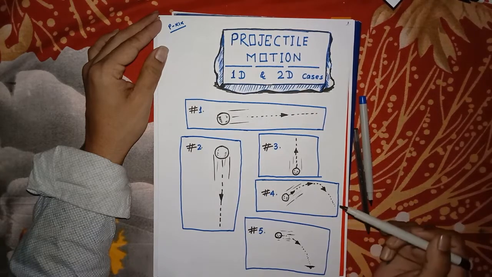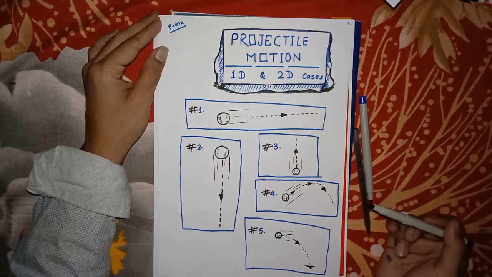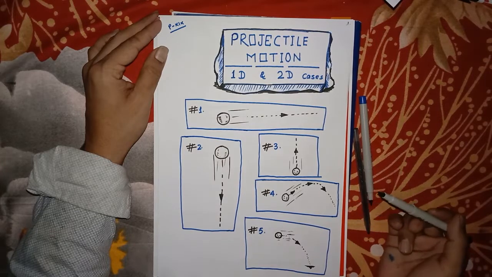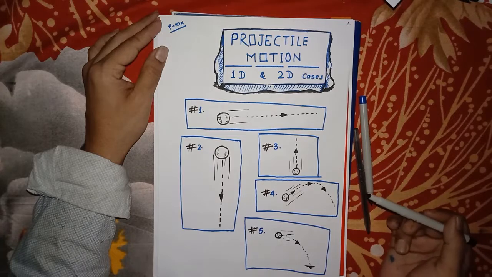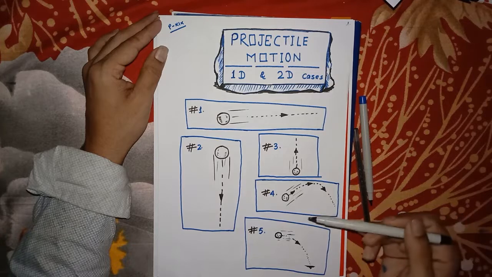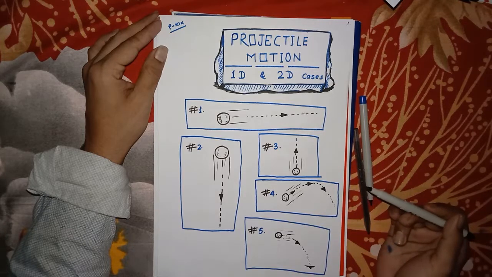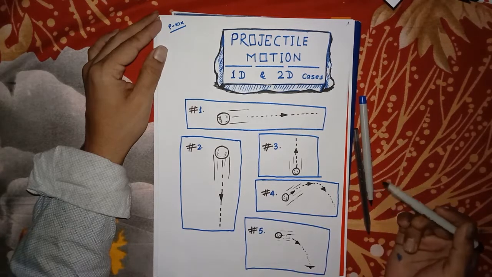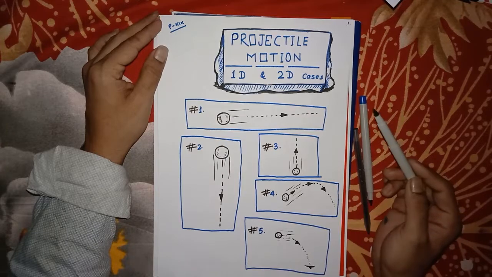Parabola actually means, bola means ball, para means path. A ball covers the path which is known as parabola. Have you got my point? So what is projectile motion?